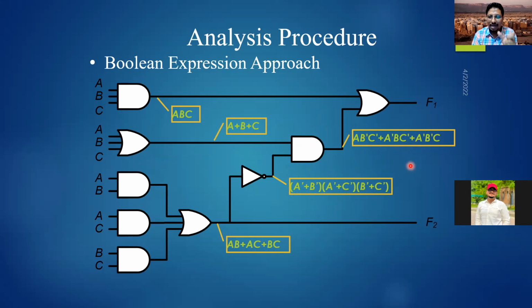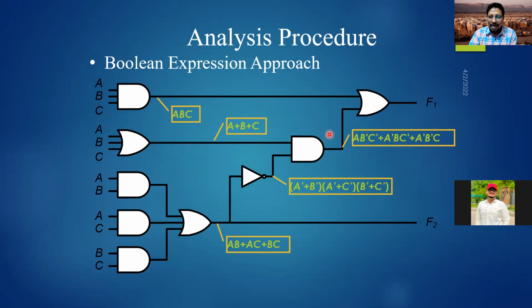For example, A prime C prime plus A B prime C prime, you will just take one. And if you have A into A prime or B into B prime or C into C prime, you will consider them as zeros. So you will get your result. This is the final result for this terminal gate.